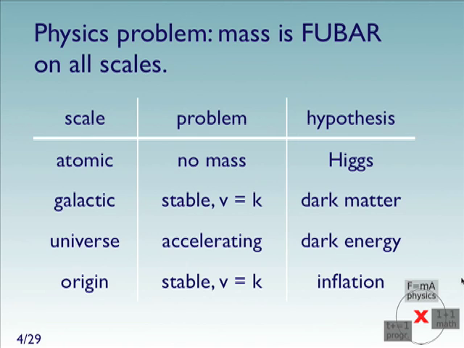Now, I have written this in a suggestive way, calling both the galactic and Big Bang kind of problem stable constant velocity solutions, because I think that's where the problems really are the same, kind of in a mathematical sense.